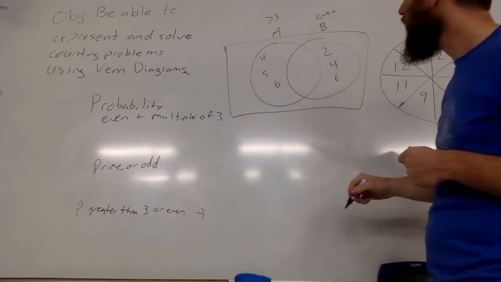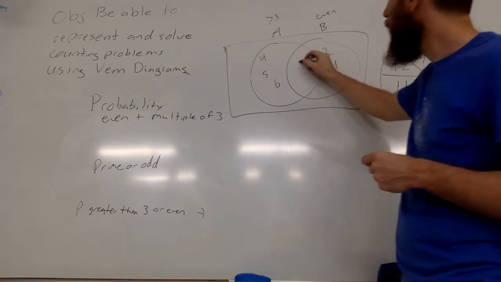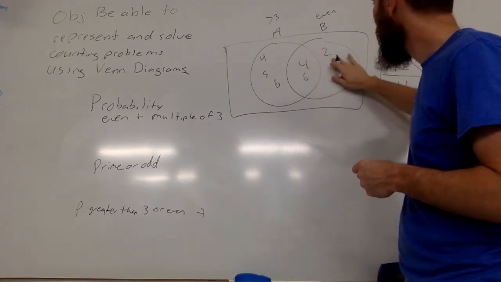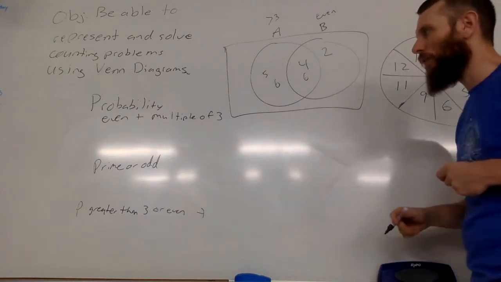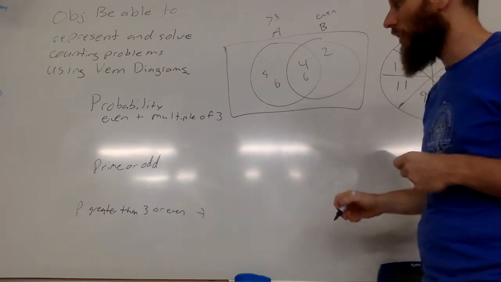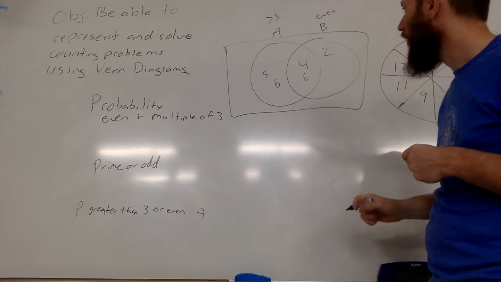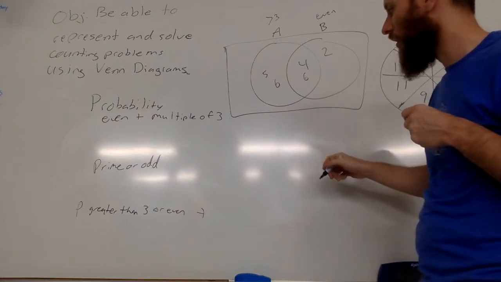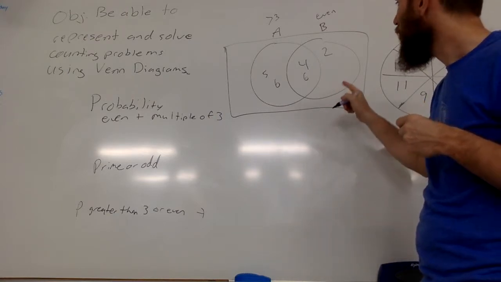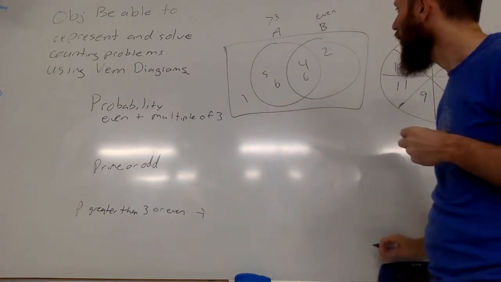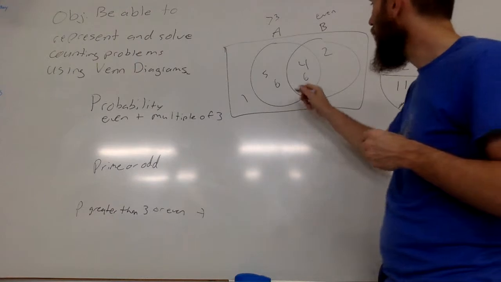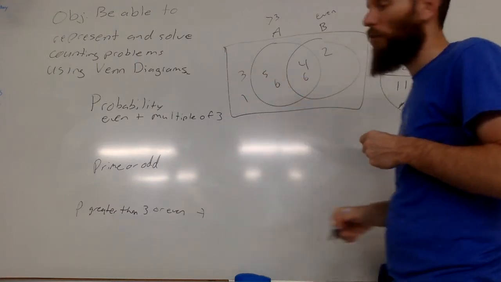Well, we can see that 4 and 6 really belong in the middle because those are greater than 3 and even. And we want to find the probability that a number is greater than 3 or even, so we have a few numbers missing up here. 1 is not greater than 3 or even, and 3 is also not greater than 3.